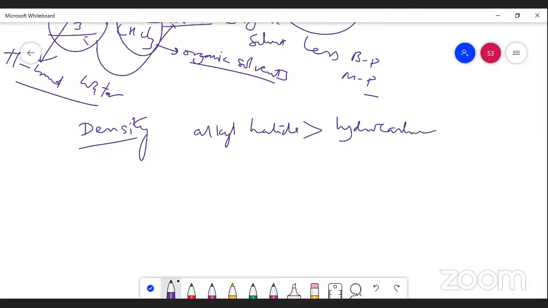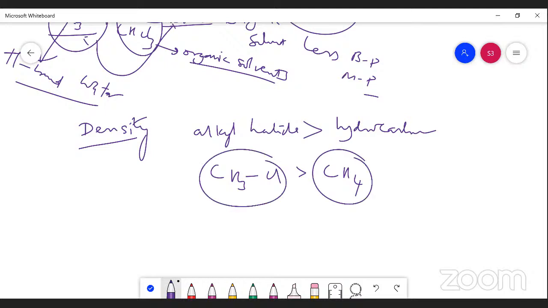That means, what's the point you should understand? Methyl chloride is denser than methane. Why? Because the methyl chloride is derived from methane, which also contains one carbon, but it has more density than that of this compound. That's the point you should understand.